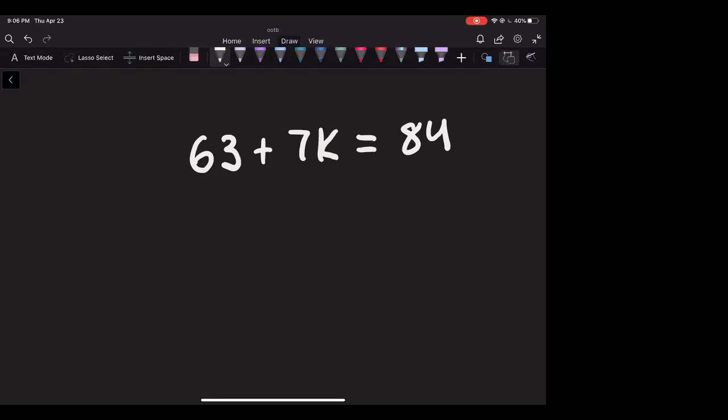Three. Let's see. 84 minus 63 gives you... Yes, it is 3. I just had to do 84 minus 63 on the paper. Wow. I am very proud right now.